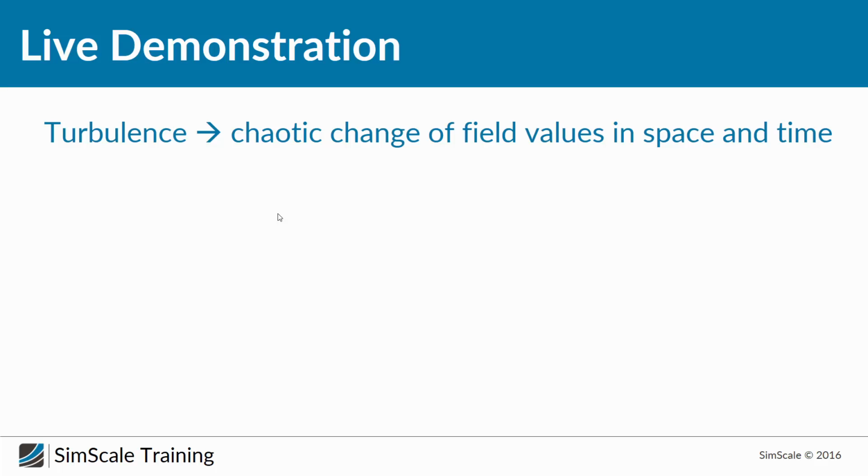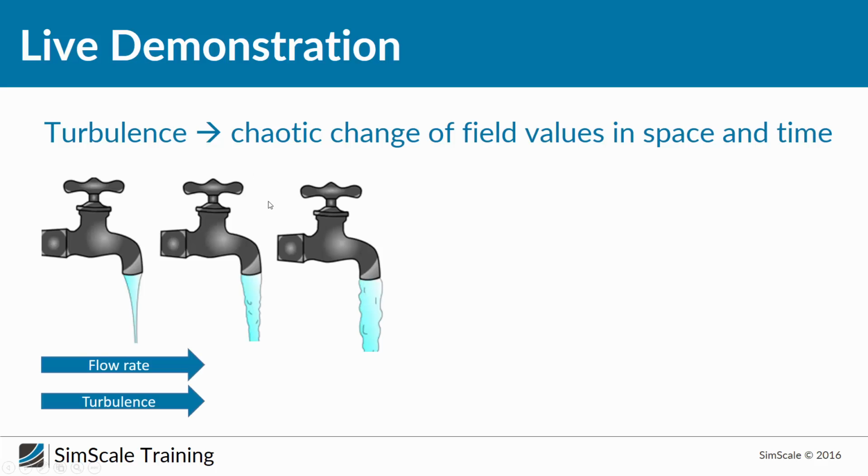It's still one of the major physical problems where we actually do not really know what is happening. But we can somehow quantify turbulence, and we know the criteria for turbulence. So let's take a look at a very easy example.